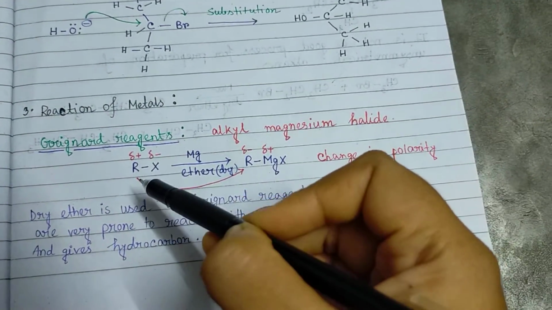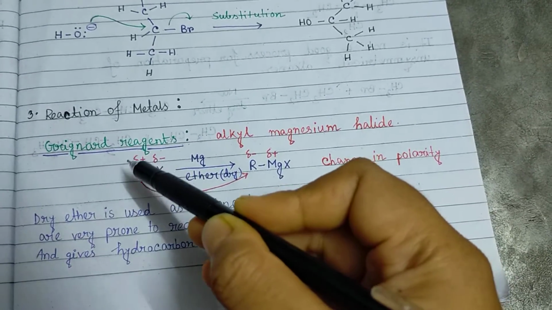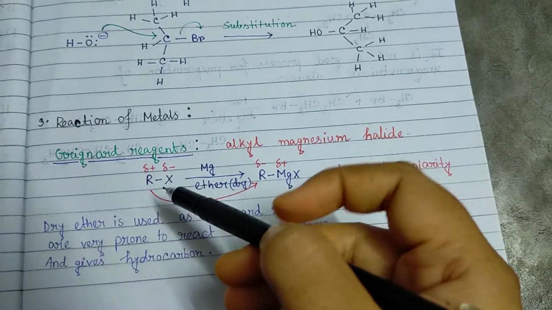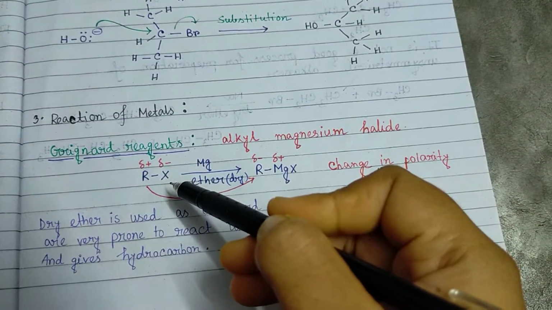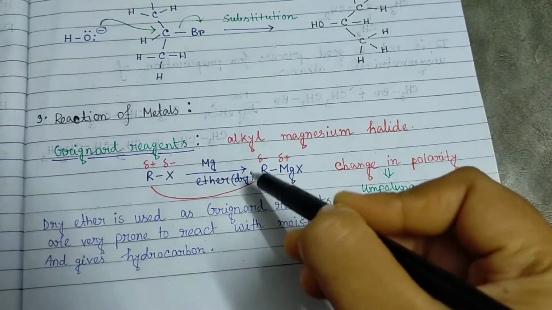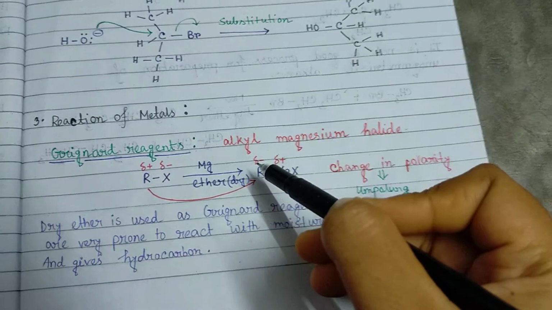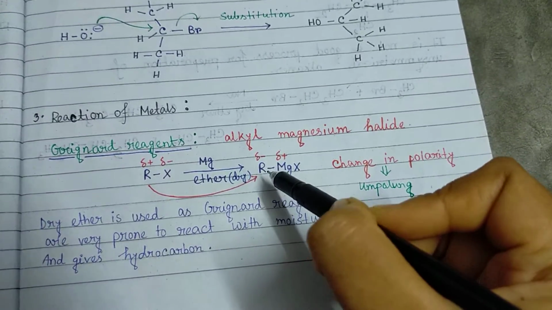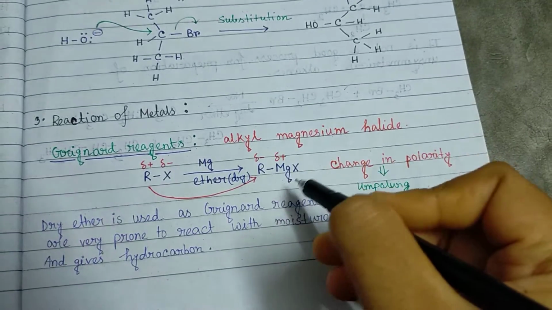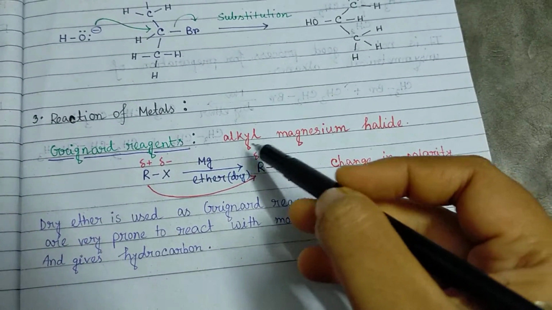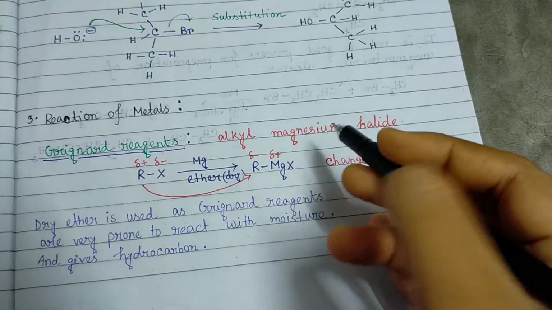So here we can see the R group in alkyl halide was delta positive because the electronegativity of carbon is always less than the halogen. And here we can see the R group is delta minus, that means the carbon is more electronegative than magnesium, so the carbon will be delta minus and magnesium will be delta plus.